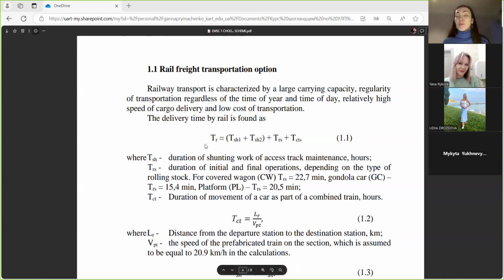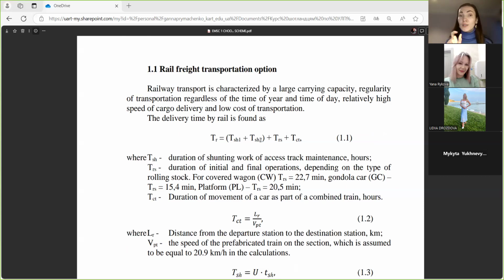Big T with index R, the main time of delivery by railway transport, is equal to, and we open the quantity and see the information about TSH1 and TSH2.